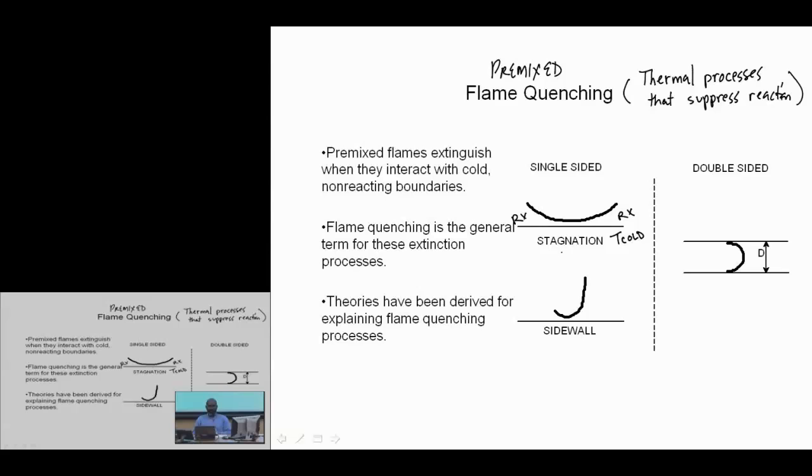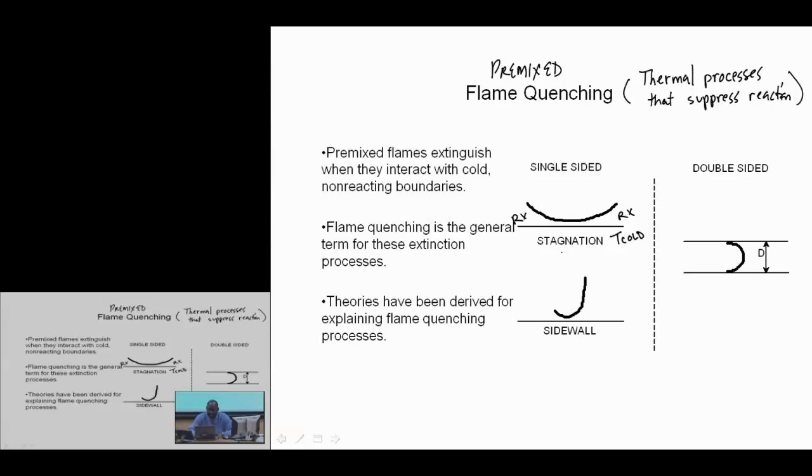So if you have this energy barrier to get reactions to take place, but you're inhibited because you have this huge thermal reservoir, this heat sink, this wall that's cold, it means that near that wall you can never get the flame to propagate.